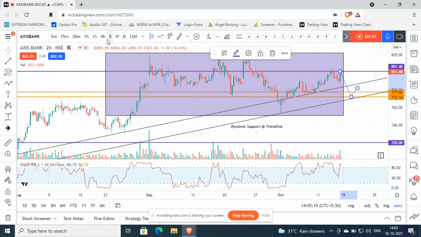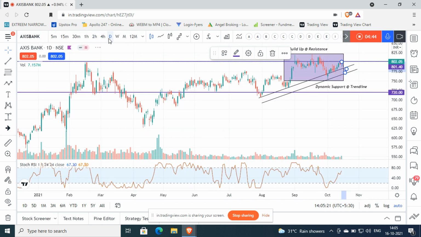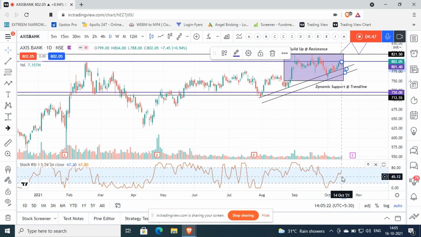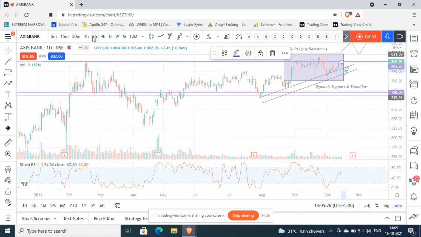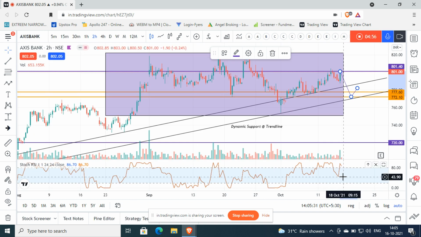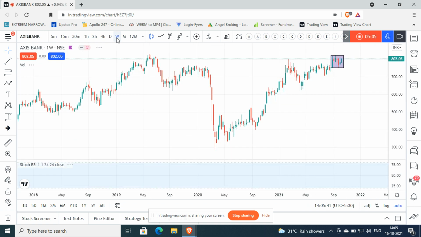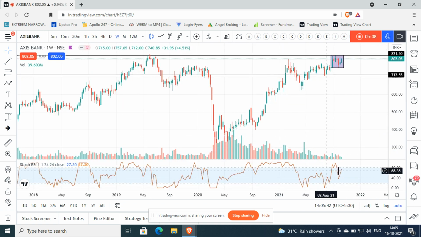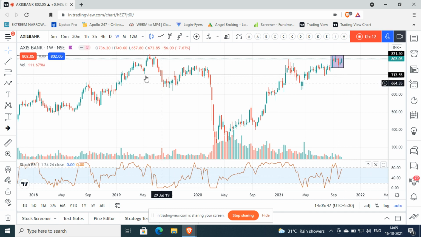We can see here in the daily time frame, the stochastic was nearing the overbought zone. In the 2 hours time frame, it already reached the overbought zone. So once it comes to the oversold range and moves back to the higher zone, we can go for a long, and in weekly also it was nearing the overbought range.